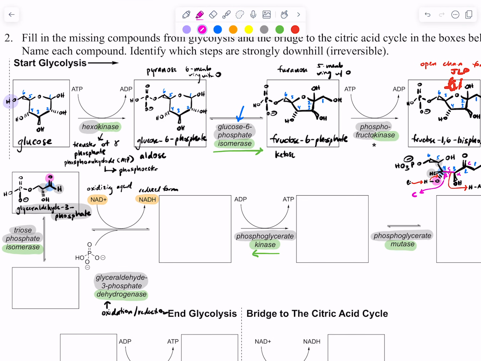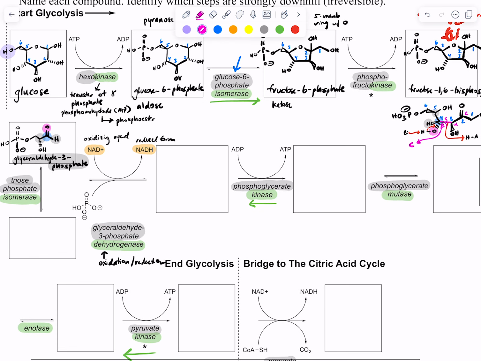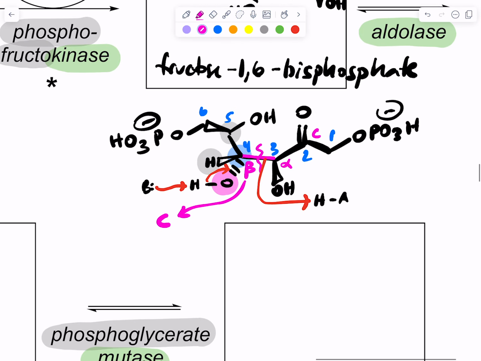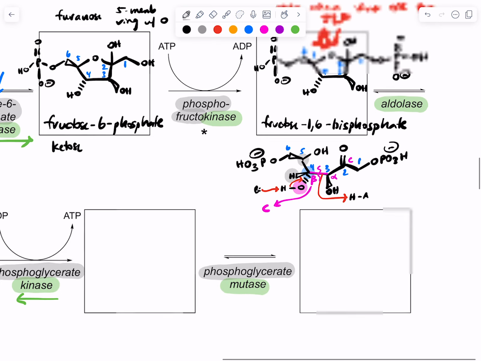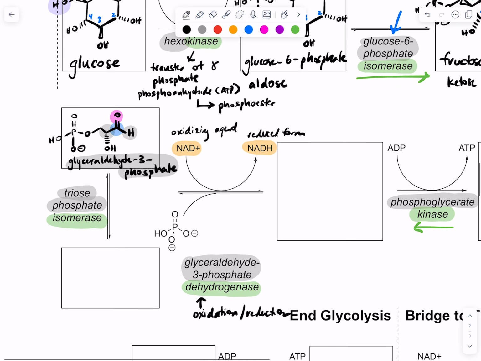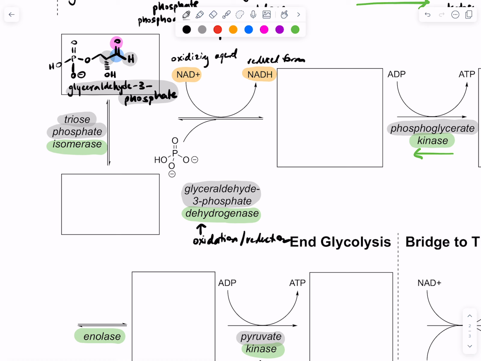That's the left-hand side of the molecule. And then the other side is just carbons 1, 2, and 3, and that's dihydroxyacetone phosphate. Okay.